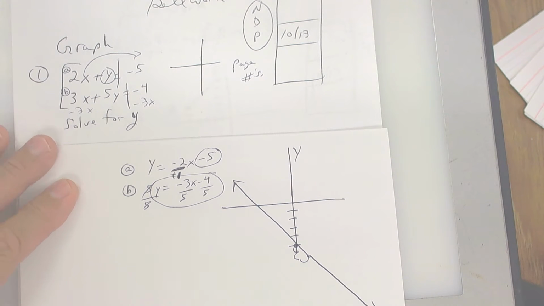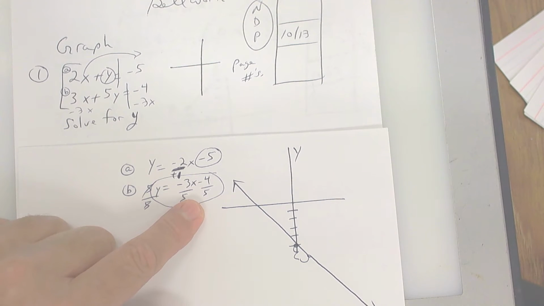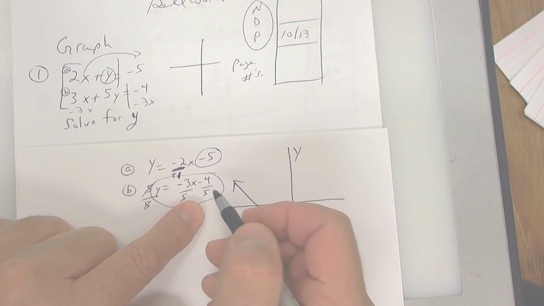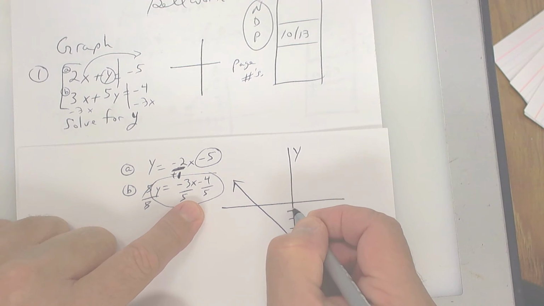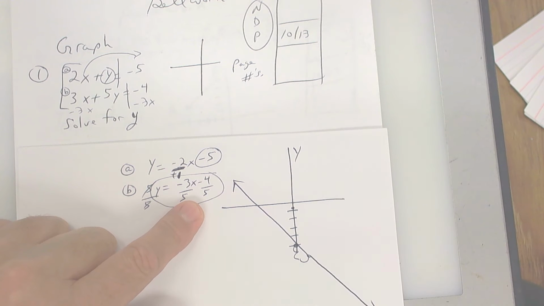Watch the next one. This one is down negative 4 over 5. Negative 4 over 5 is not even a negative 1, so it's almost. It's 1/5 away. And then from here you're going to go down negative 3.